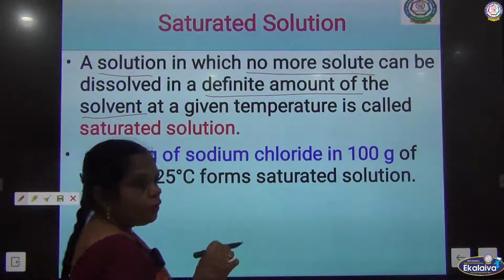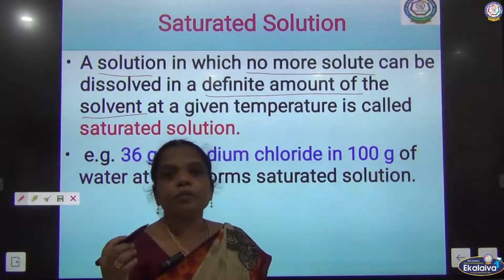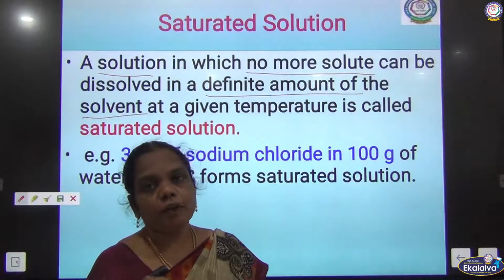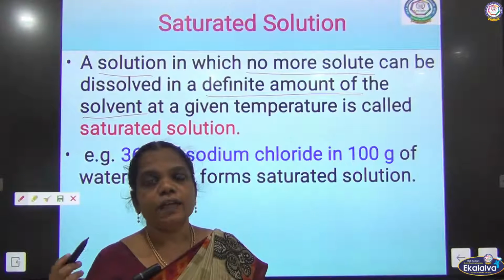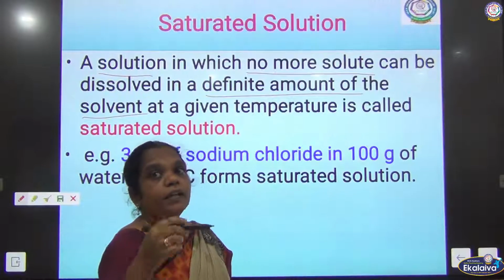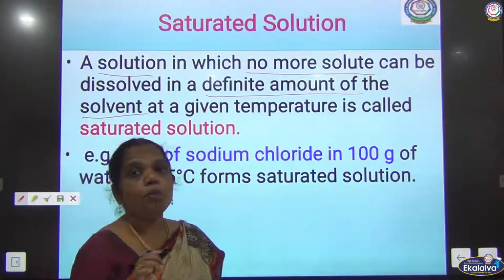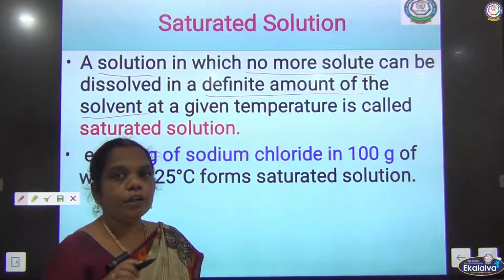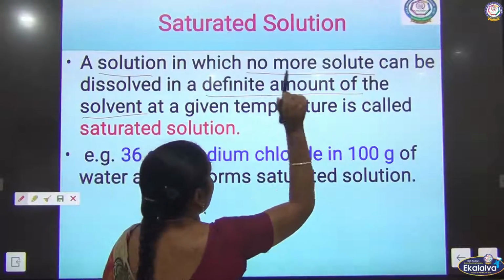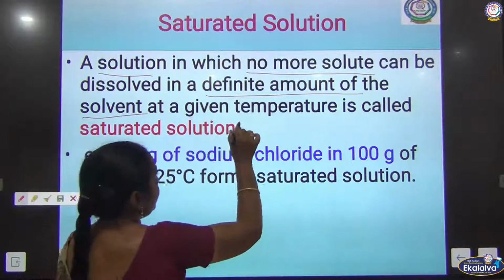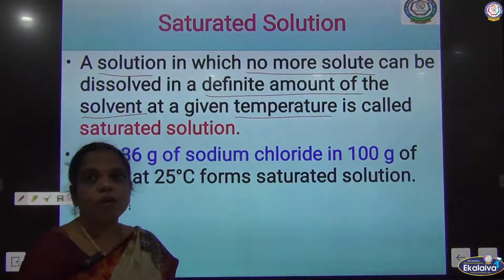Based on that, the amount of solute particle varies in the given amount of solvent, and we classify as saturated, unsaturated and supersaturated. We cannot add any more solute at the given amount of solvent under the given temperature.